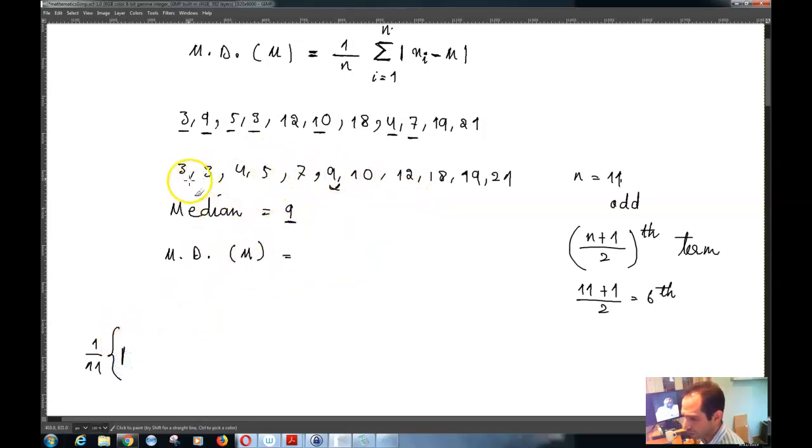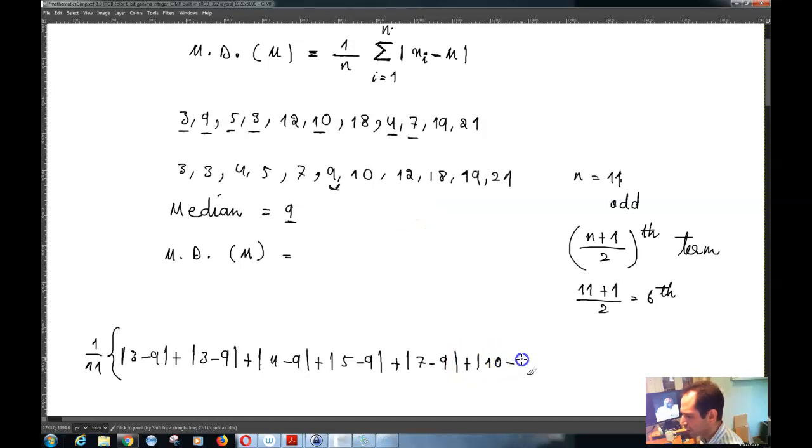So the absolute value of 3 minus 9, plus the absolute value of 3 minus 9, plus 4 minus 9, plus 5 minus 9, plus 7 minus 9, plus 10 minus 9, plus 12 minus 9, plus 18 minus 9, plus 19 minus 9, plus 21 minus 9.